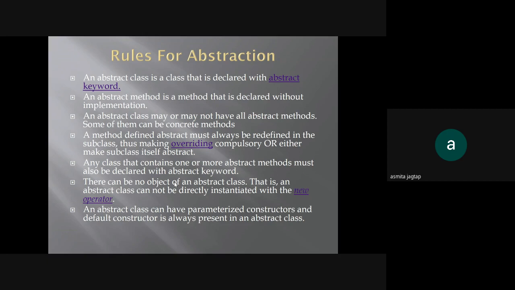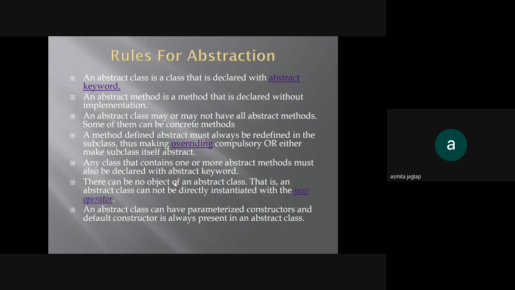There can be no object of an abstract class, as there is no complete logic present in the abstract class. We are not creating any object of this abstract class. We are just extending that abstract class into our class, or if it is an interface, we implement that interface into our class. So there is no need to create the object.